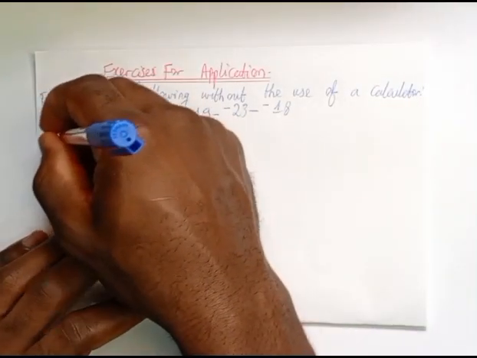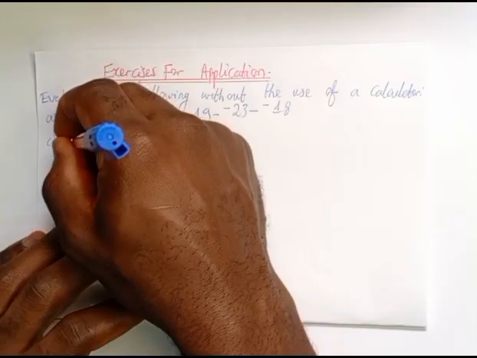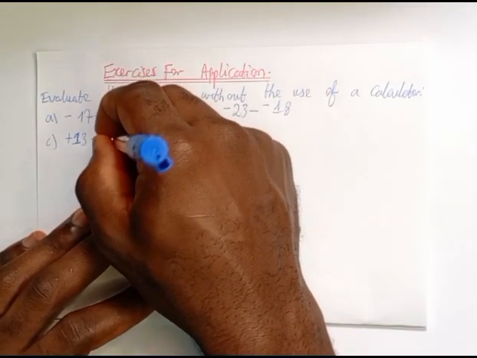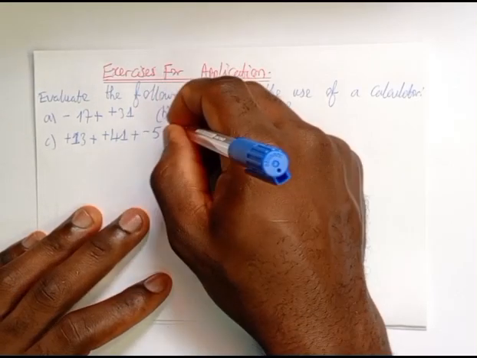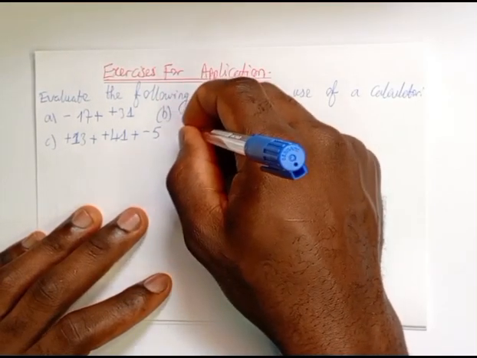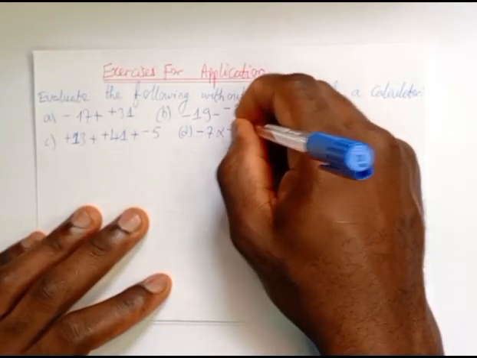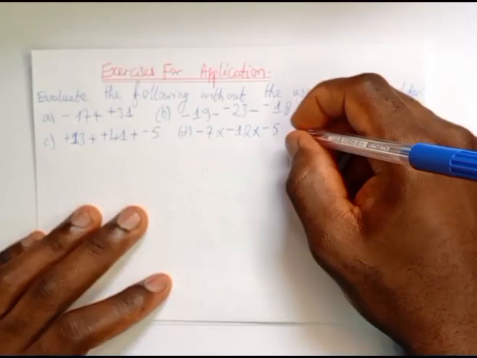For C, we have positive 13 plus positive 41 plus negative 5. For D, we have negative 7 times negative 12 times negative 5.